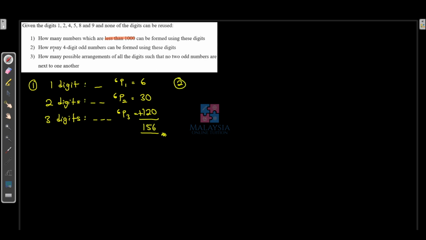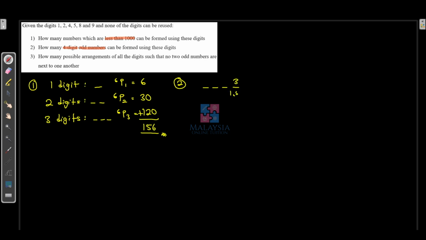For part 2, how many 4-digit odd numbers can be formed using these digits? Remember, 4-digit but odd numbers. So now we have 4 spaces. For odd numbers, you can put at the last space 1, 5, or 9. So we can put 3 digits.